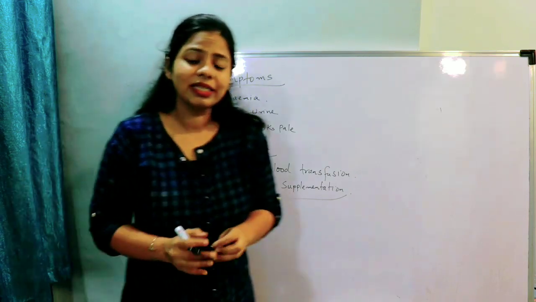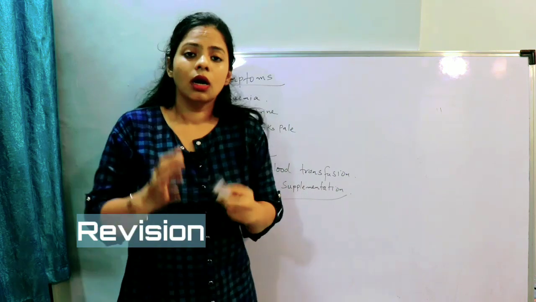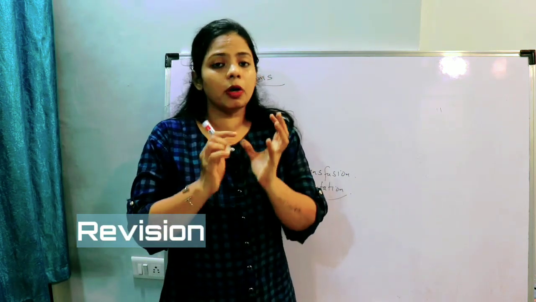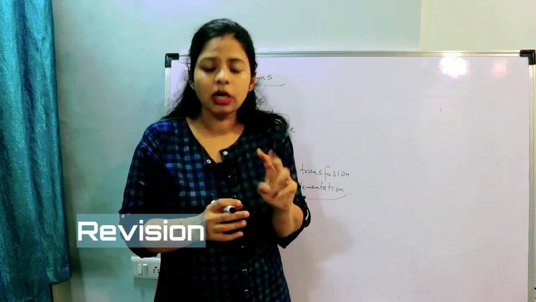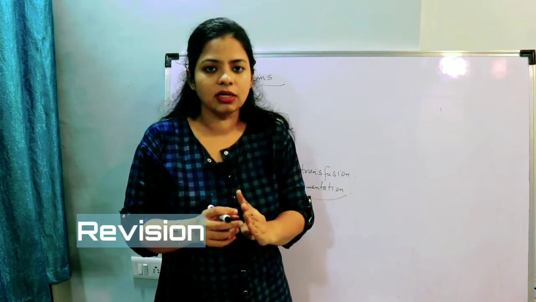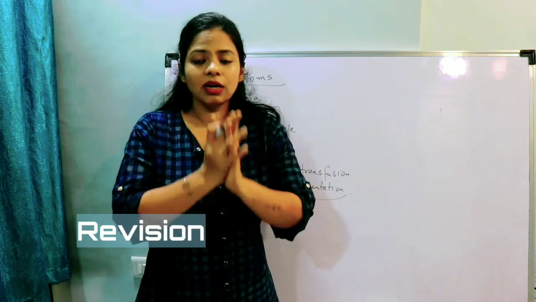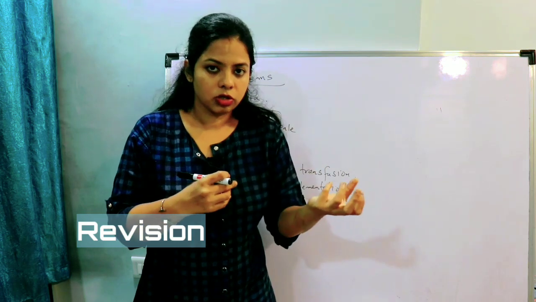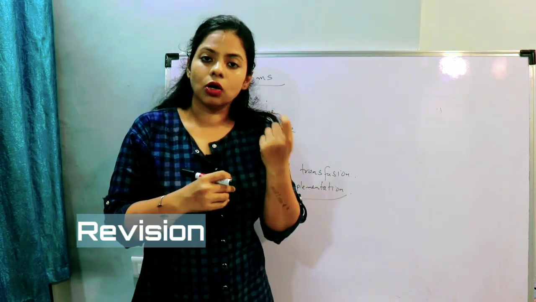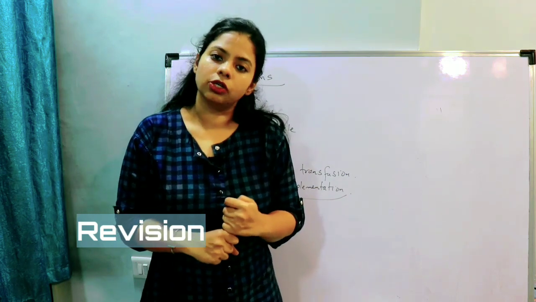So let's revise. Thalassemia is basically an autosomal recessive disorder. It is caused due to abnormal production of hemoglobin. Hemoglobin consists of 4 subunits, that is 2 alpha and 2 beta subunits, along with heme group and iron in it. Its production depends on some genes located on chromosome number 16, that is HBA1 and HBA2.